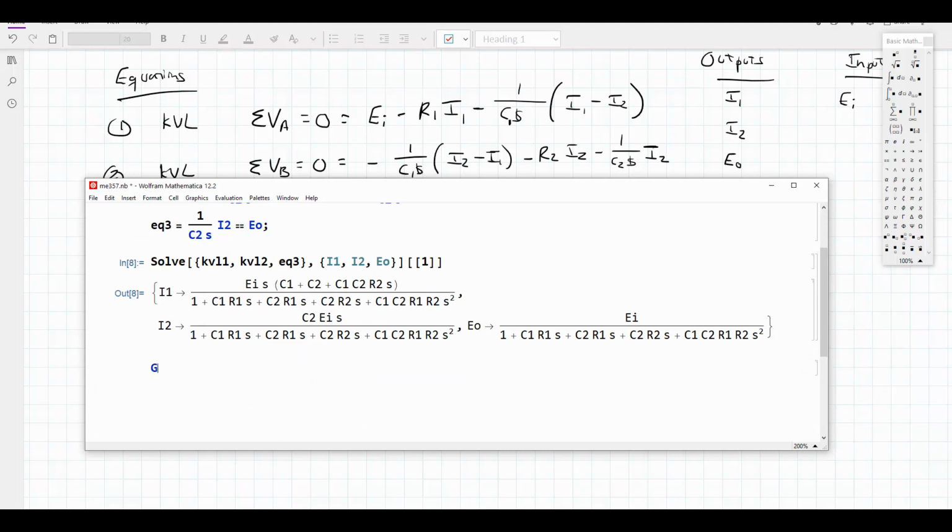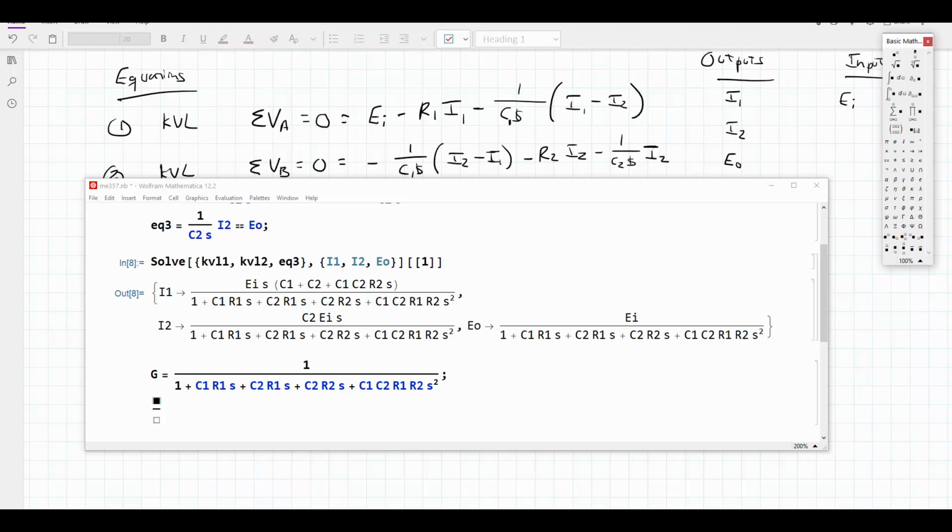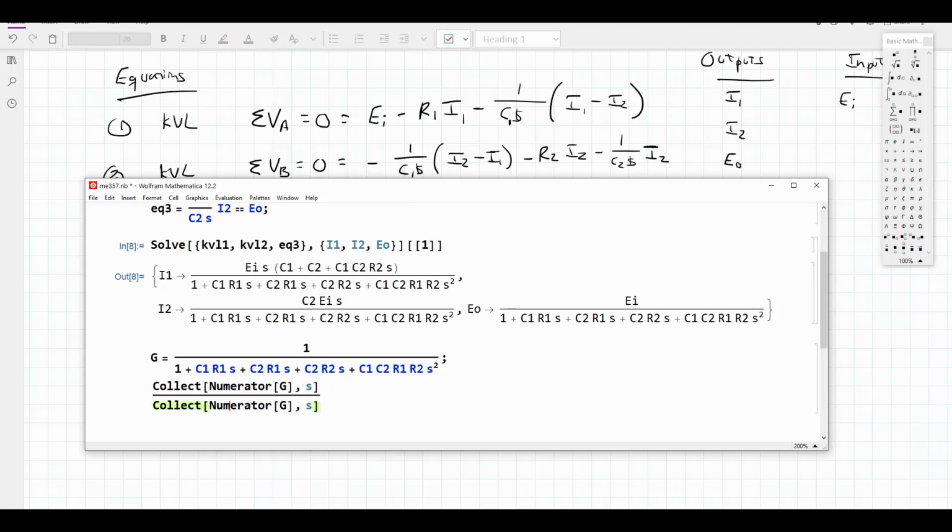So our transfer function G is what I called it above. I can take the E out expression, and remember G, the transfer function, is E out divided by EI, so I divide both sides by EI, and that becomes 1 in the numerator. And I will again let Mathematica do the grouping for us, so I want to collect the numerator of G on my S terms, and the same thing with the denominator.